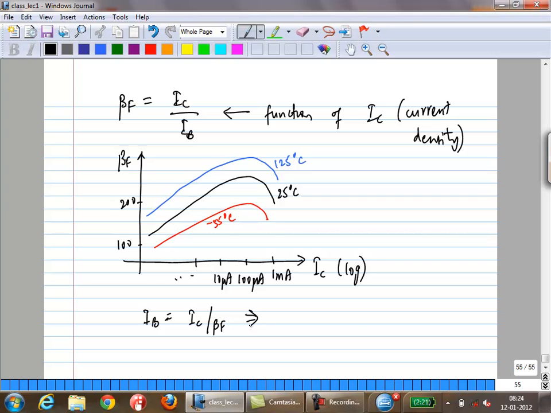So now, from this beta F, remember beta F is a large signal parameter. And you would also have studied that the small signal beta is actually different from the large signal beta. I'm sure you have studied that, right? It's also quite common, for calculating the operating point, to assume that beta F is large enough that you can assume it to be infinite. That's very common.